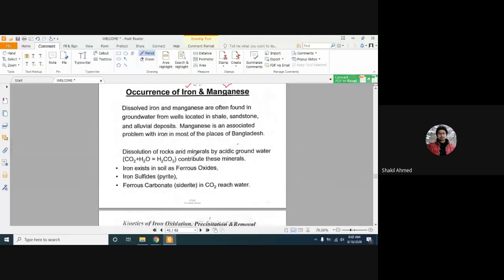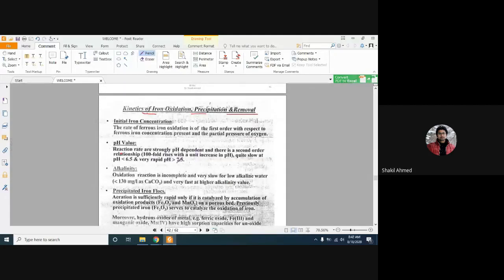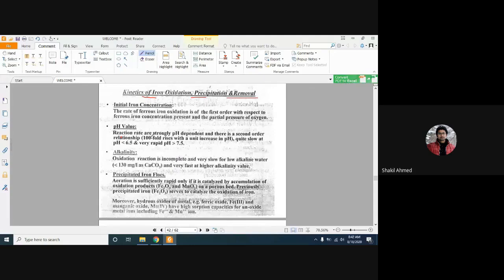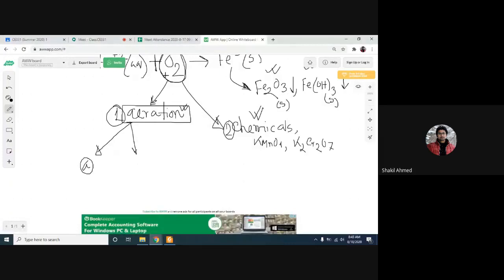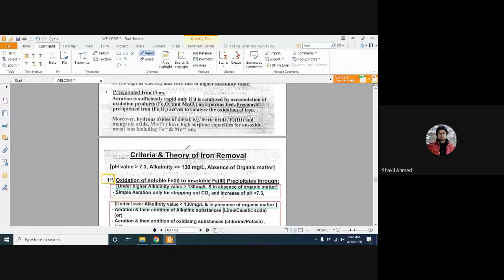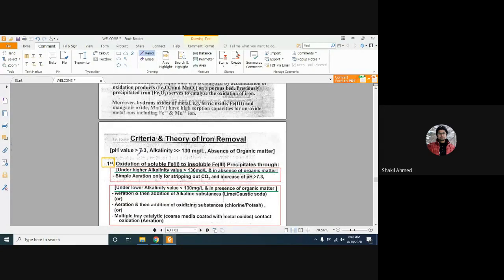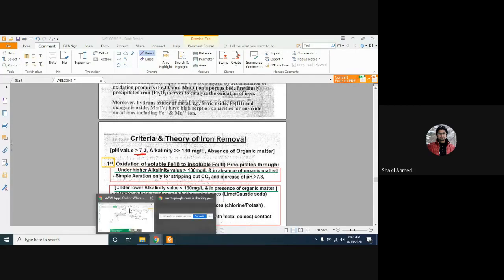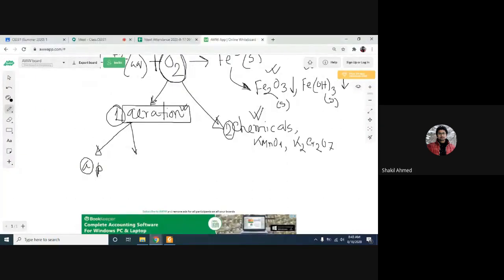I mean, basically, the oxidation with aeration is very slow if your pH is 6.5, and very rapid at greater than 7.5. Okay, so we can call it at least 7.3. You should have a pH value of at least 7.3, so pH value must be greater than 7.3 to remove it by aeration.